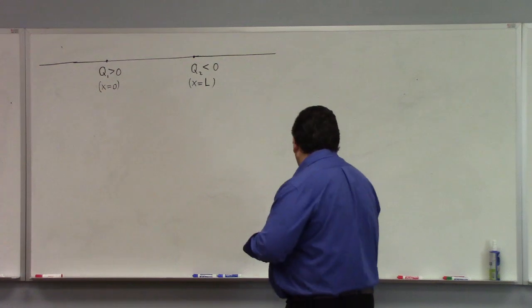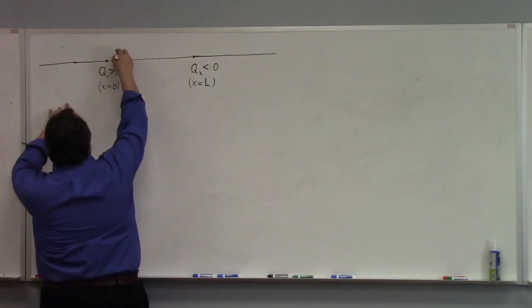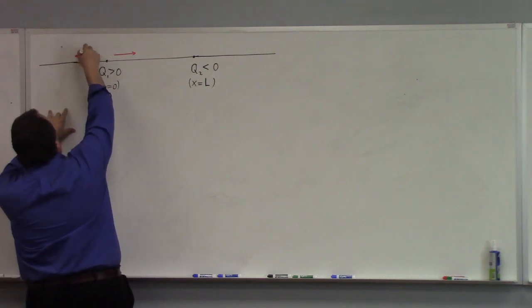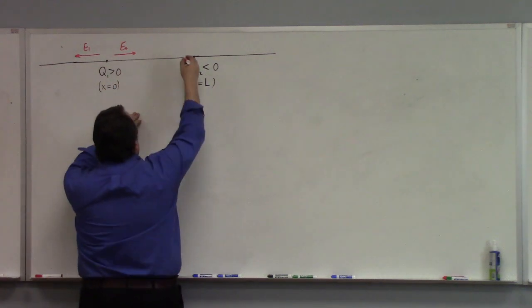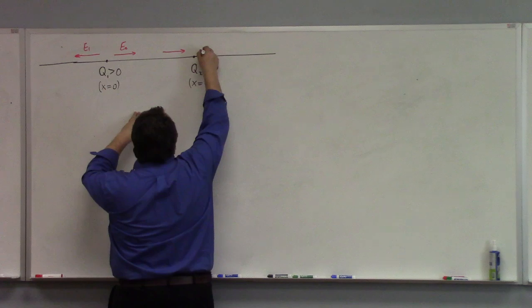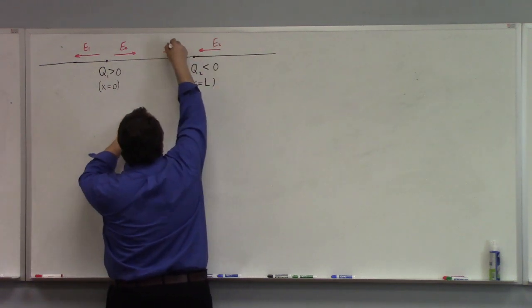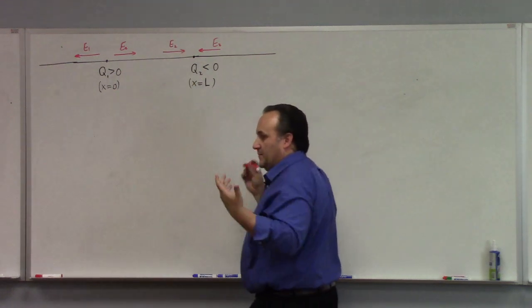What's the deal? Let me draw a picture. Positive charge makes the electric field go away from it, so it behaves differently on this side and that side. Over here, the electric field goes like that. The electric field flows into negative charge and flows out of positive charge.